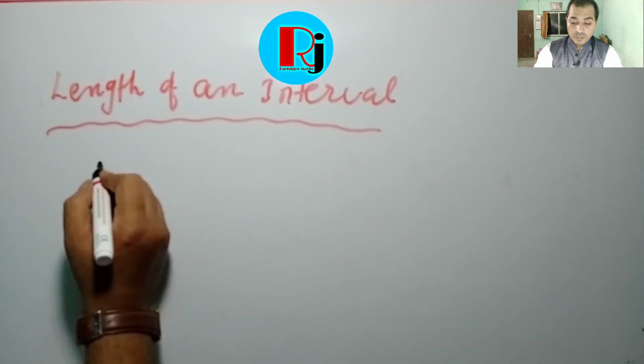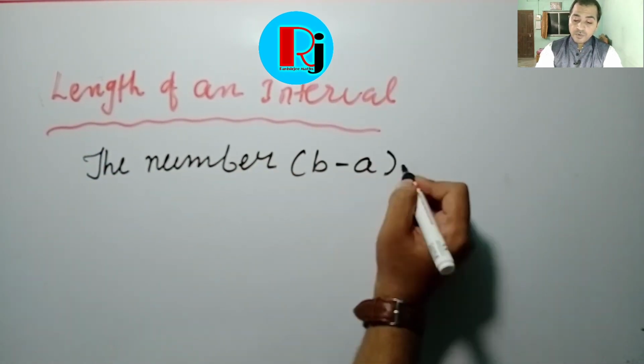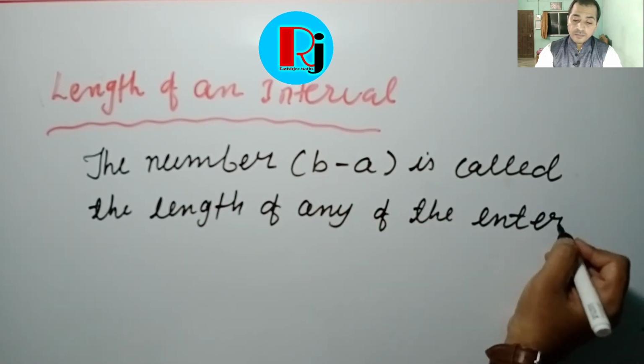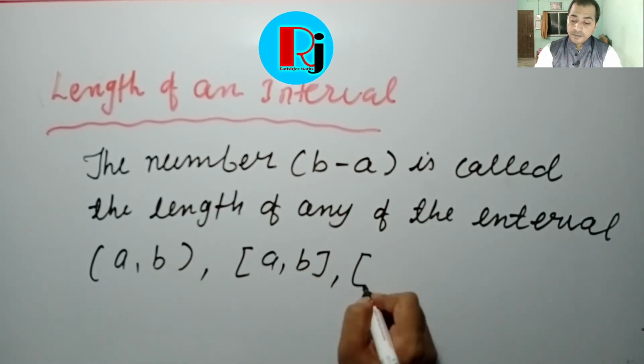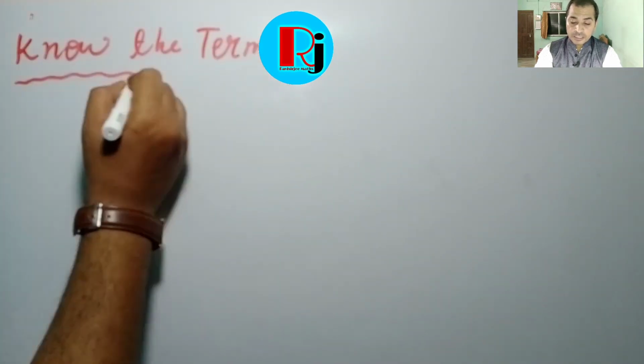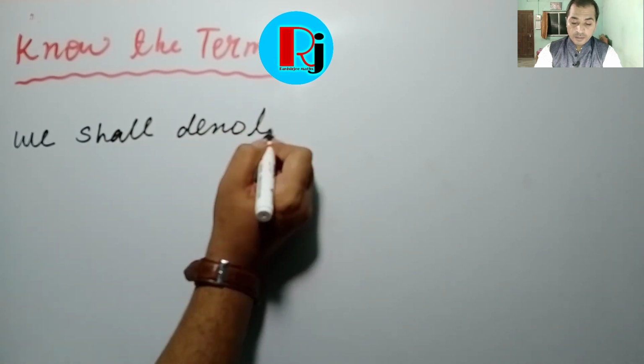Length of interval: the number b minus a is called the length of any interval (a, b), closed interval [a, b], open interval (a, b). You should know these terms.